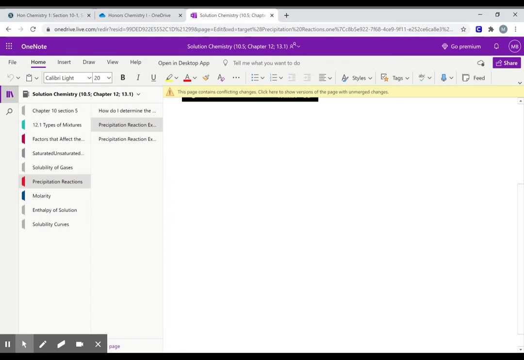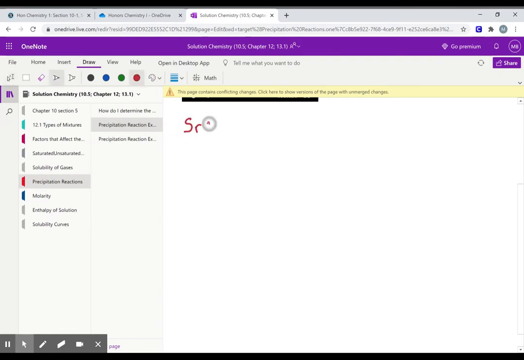Right. So we're going to write formulas for our substances first. So I have strontium chloride solution, and we have sodium sulfate solution. And remember that in double displacement, our ions are dancing.